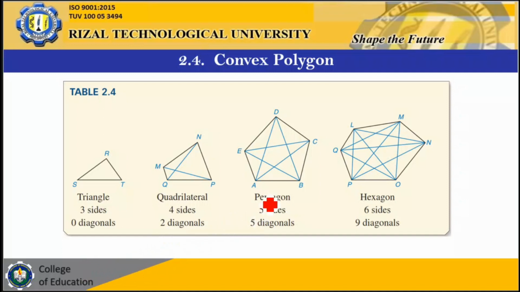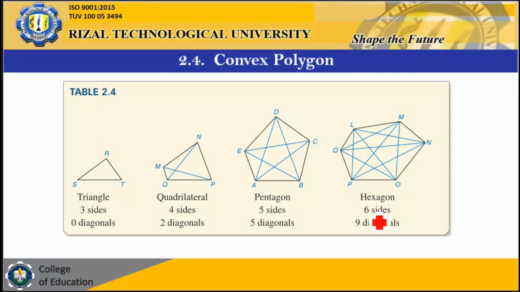For a pentagon with 5 sides, then we can construct 5 diagonals. And for hexagon, we can construct 9 diagonals. The question is, how are we going to construct the diagonal, or how many diagonals can be found in, let's say, a decagon?